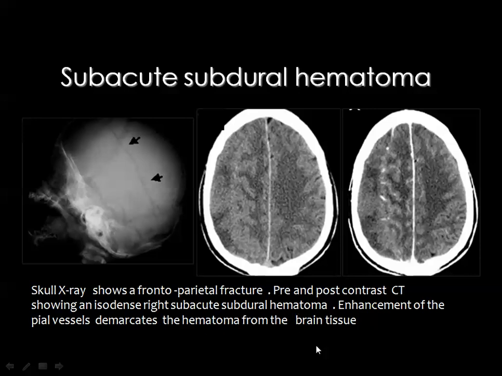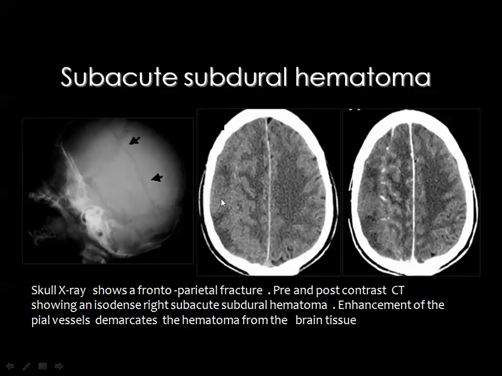The hyperdense hematoma is the acute one, and the hypodense hematoma is the chronic one, while the isodense hematoma is the subacute subdural hemorrhage.